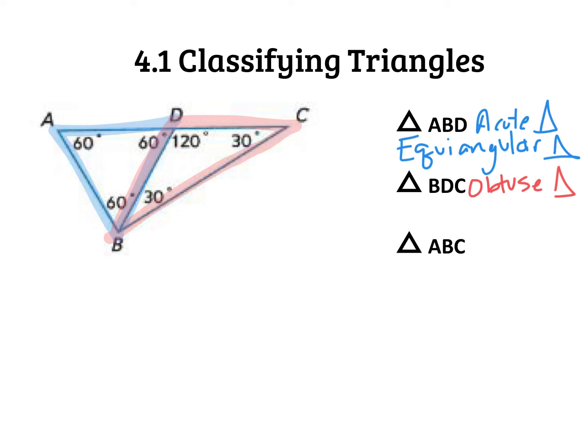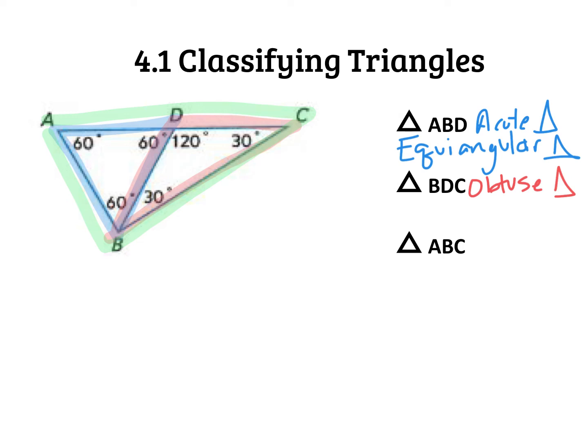And finally, triangle ABC. I'll do this one in green. ABC will encompass everything. A, B, C. This is the biggest triangle possible. For this one, I want to pay particular attention to angle B, because angle B is composed of two smaller angles. If I add these two angles together, 60 plus 30 means I have 90 degrees.